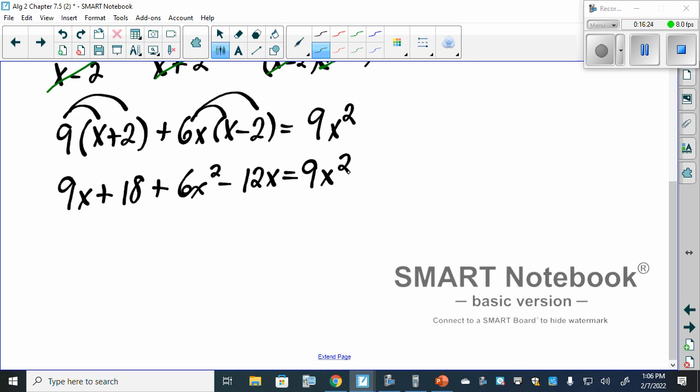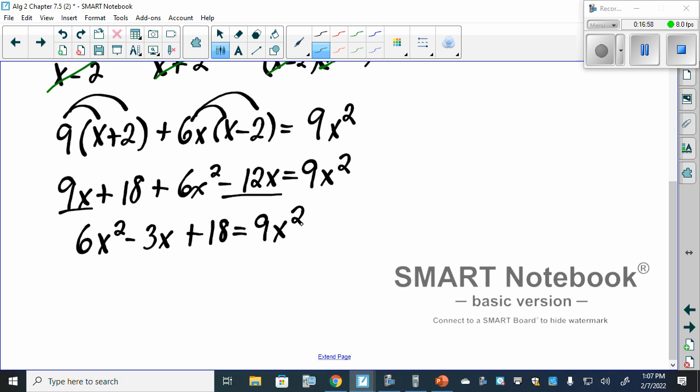Yes, I would do that, but I would want to combine like terms first so that we do have it written in a nicer way. Now, we are going to minus the 9x squared over, but let's rearrange this and combine like terms. The 6x squared on the left-hand side doesn't have any like terms, so it stays 6x squared. But the 9x and negative 12x give us a negative 3x plus 18 is equal to 9x squared.